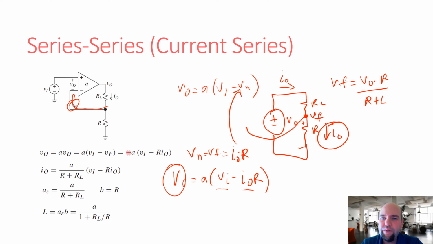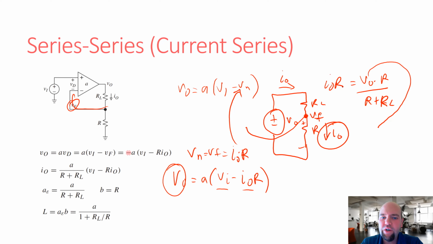So this is where we're going to pull from this equation here, where we can say VF equals V out times R over R plus RL. But we also know that VF is IO R, right?